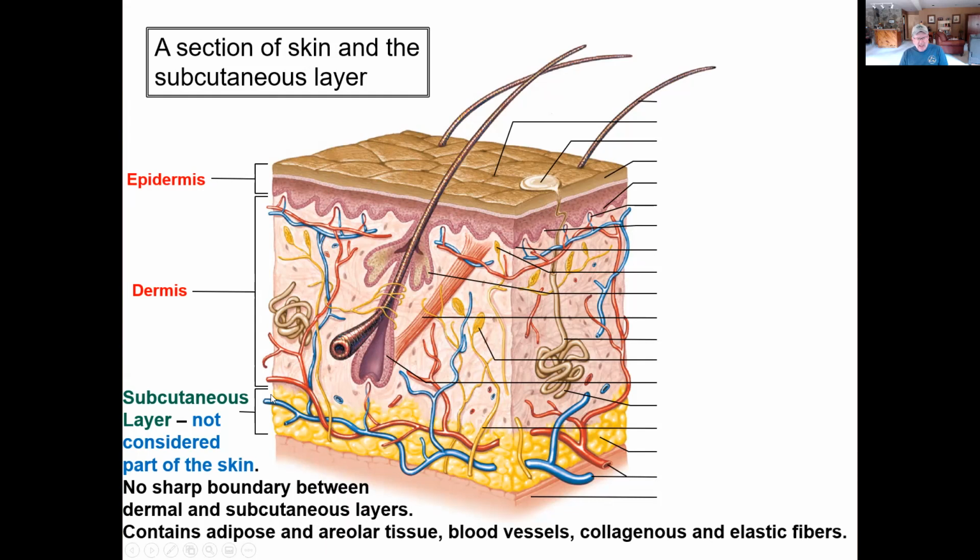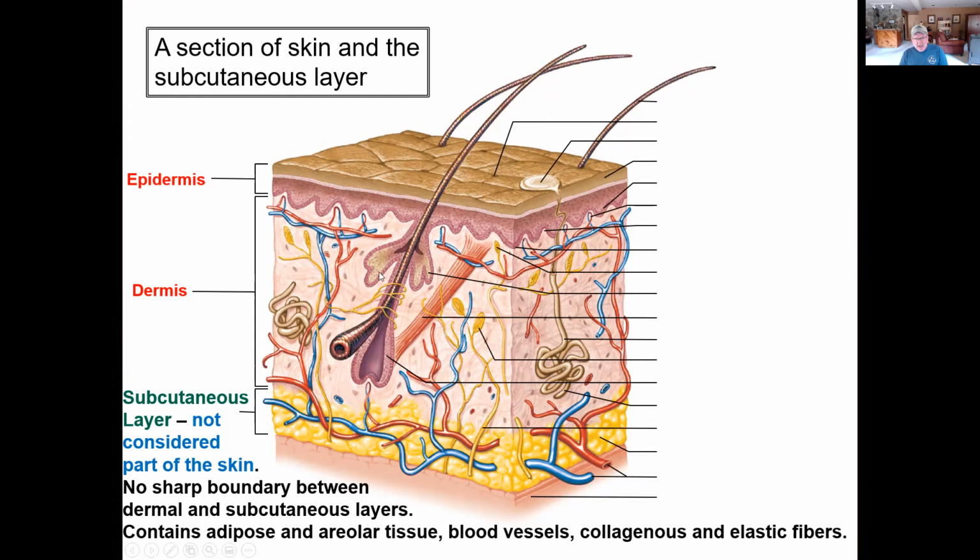And while this can give you the impression that the delineation between the dermis and the subcutaneous layer is pretty obvious here with respect to where the fat begins, as I've noted here, this is really not always the case. You can have some fat cells that are found here in the mid to deep dermis.